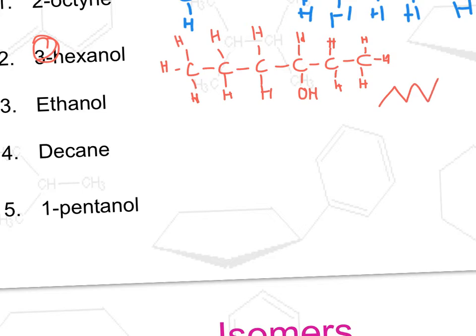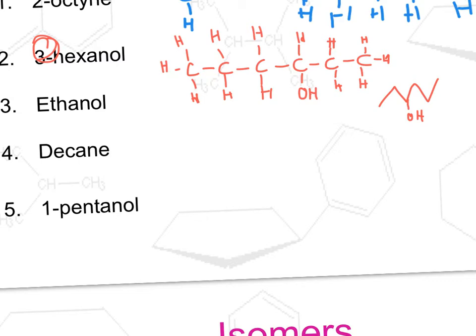So that is 6 carbons. 1, 2, 3, 4, 5, 6. Off of carbon number 3, 1, 2, 3. So off of this carbon, I'm going to put an OH. So there's my bond to the OH.